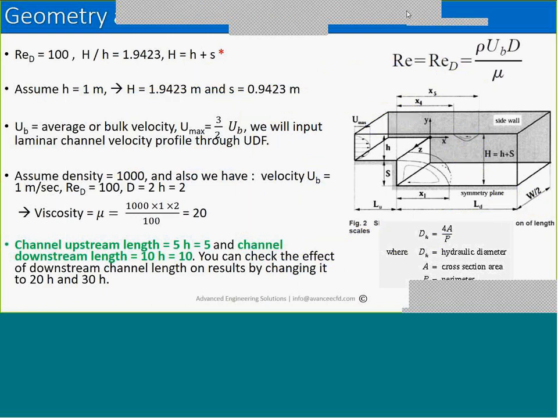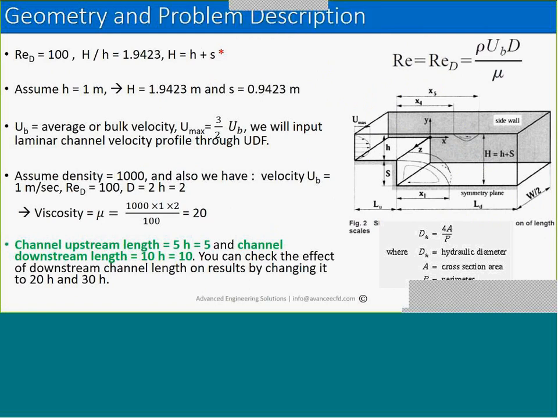Now the second example is the 2D case. In the 2D case, we have only the channel which is equal to H. The second dimension is not present here. So you can assume that in the third dimension we have 1 meter depth.